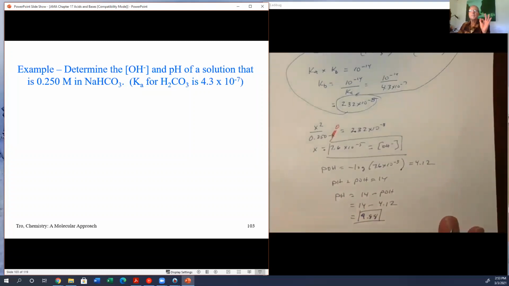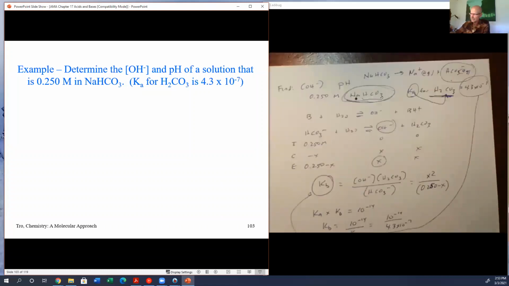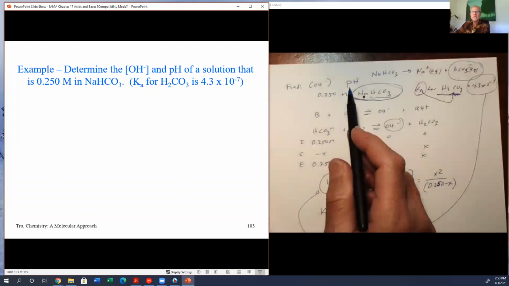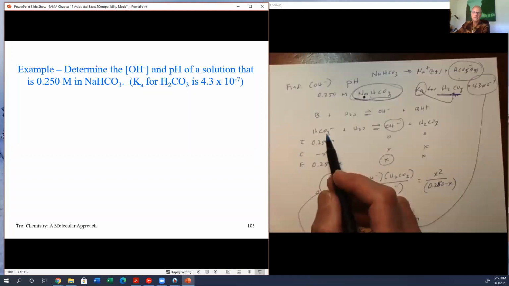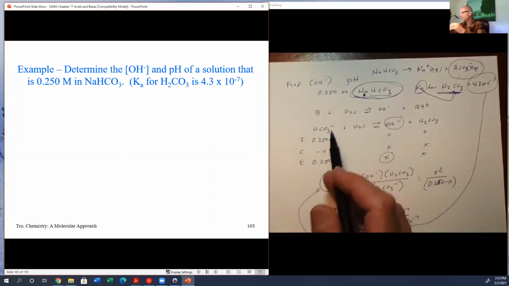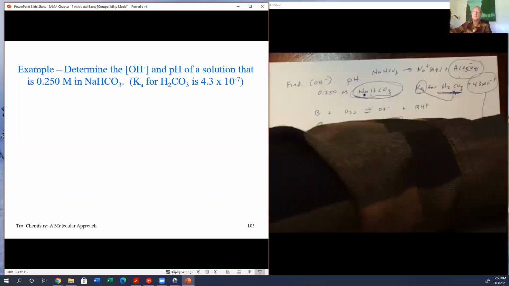Notice this problem is very similar to problems we've done before. It's basically asking you to find the pH of a weak base. Whenever you have to find the pH of a weak base or a weak acid, you have to work an equilibrium problem. Set up your ICE table. This is the weak base equation right here.